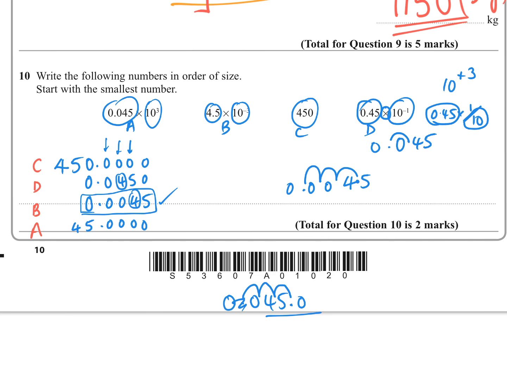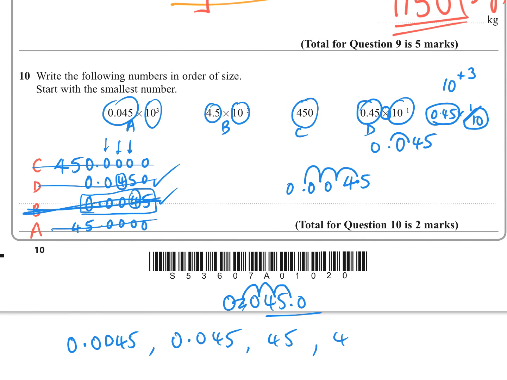So this one's going to be smallest. 0.0045 is the smallest, so I guess get rid of that one. The next smallest one is this decimal, obviously, so the next smallest one is 0.045. Then we've got 45, and then we've got 450.